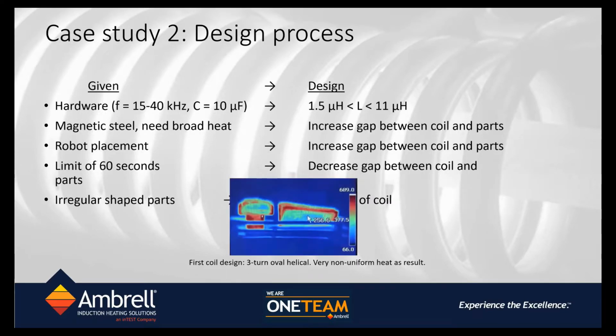When we tried typical simpler induction heating coils, you can see that the heat pattern was not uniform. The top of the large part was hot, but the bottom of the small part was hot. And it was not possible by just moving the turns around to get uniformity of heat.